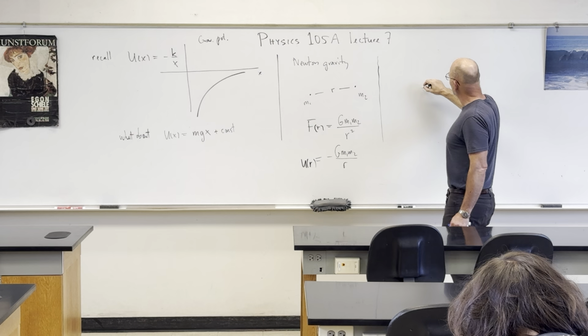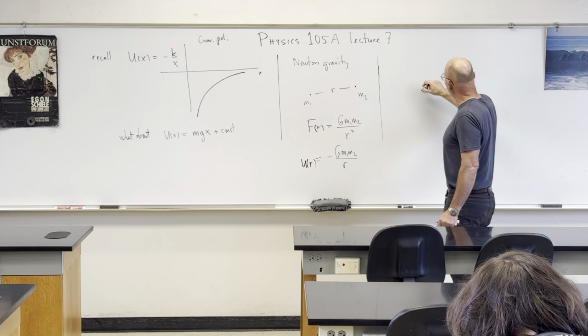That would be the potential energy, U of r, and we already said that in one dimension we have conservation of energy. This is between two masses, but it is supposed to be universal gravitation. The proof for spherically symmetric masses comes later, possibly even next semester.